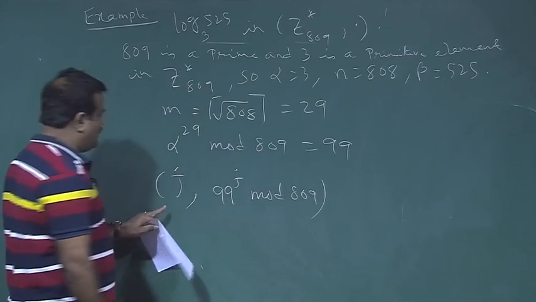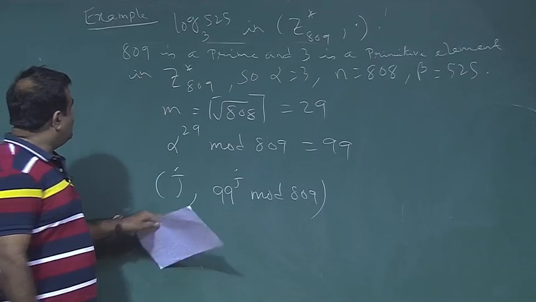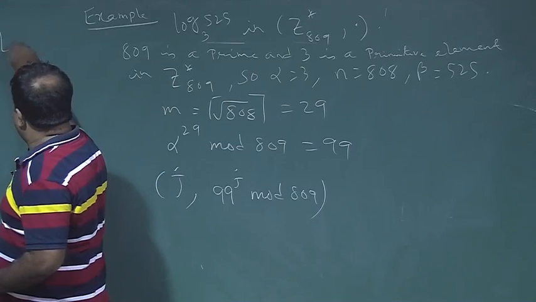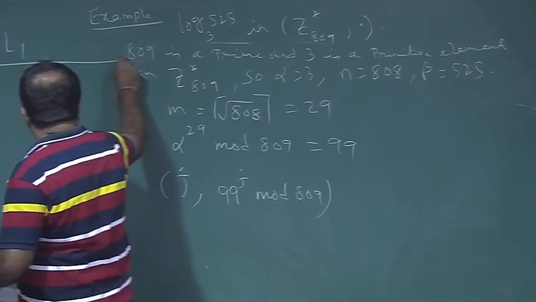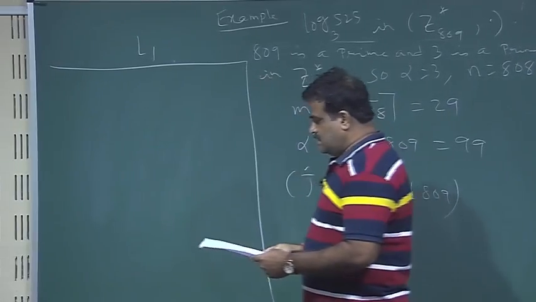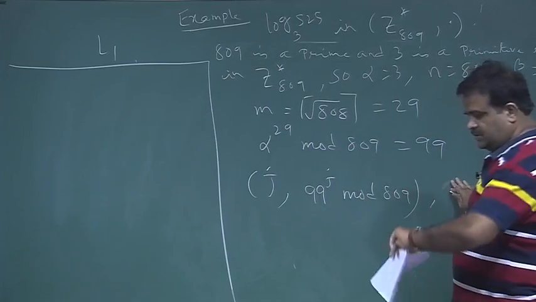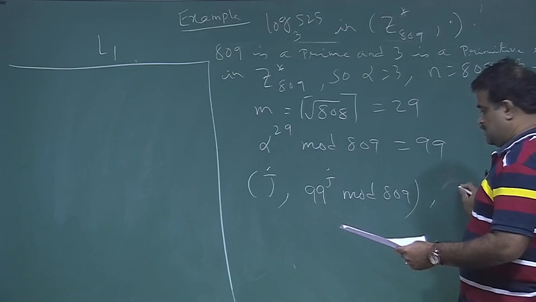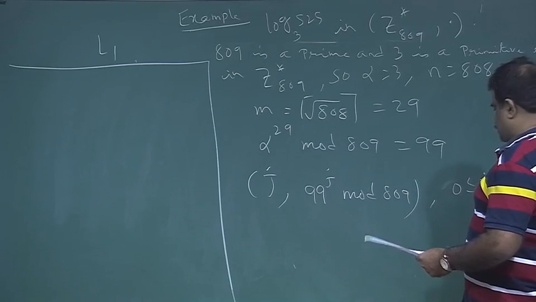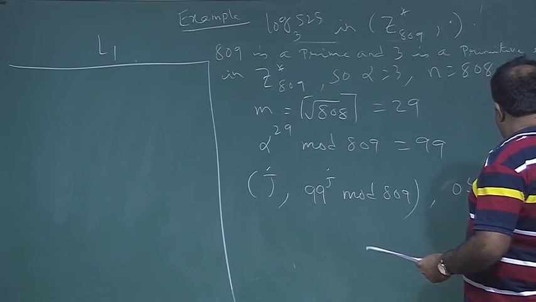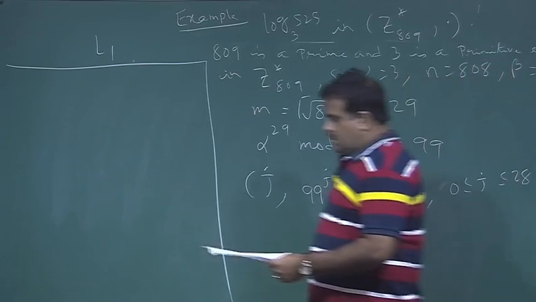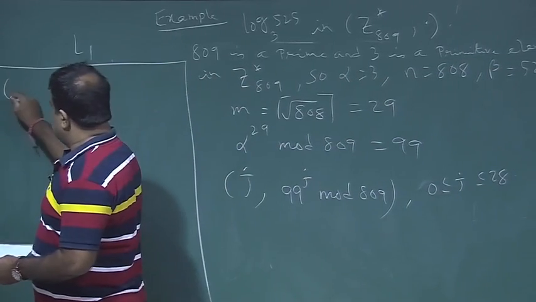These are the values which will be stored in L1. So, if we do that, this is our L1, for j from 0 less than or equal to j less than or equal to 28. Let us quickly write that.